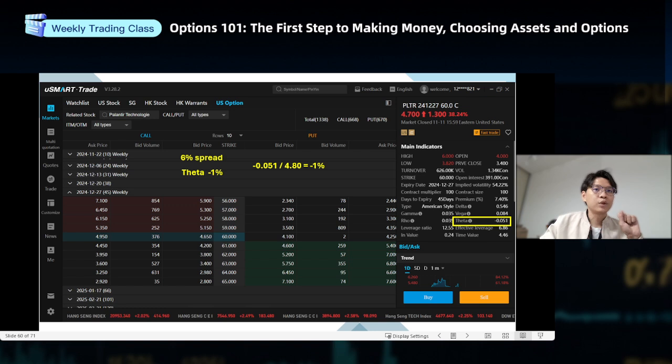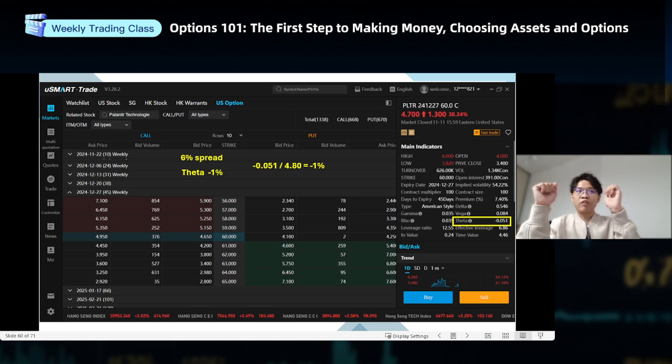Okay, second, we look for theta. And you can see that the theta is actually negative 0.051. What does theta mean? Theta means the time decay across time. And in this case, the premium is selling at $4.80. I think it is the average in between the bid and ask, so the price will be $4.80.